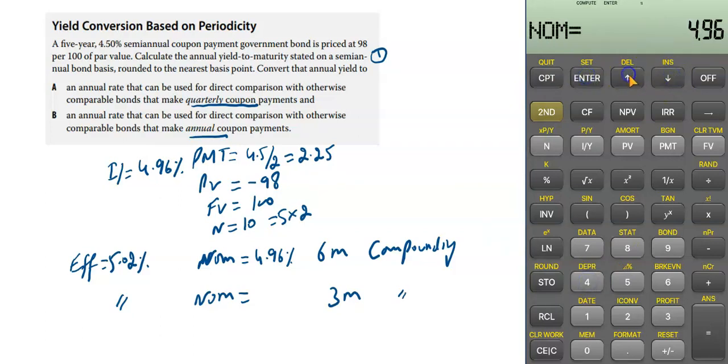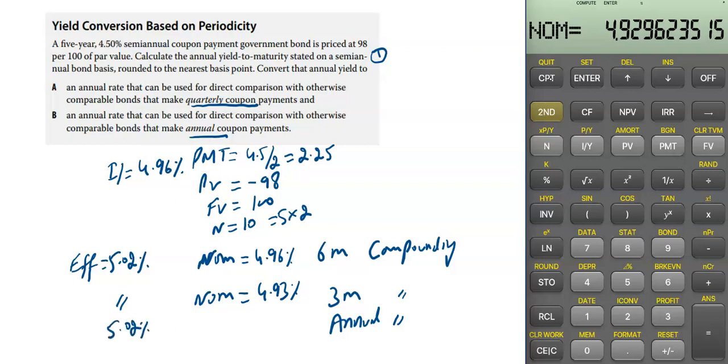Keep the effective rate same. Calculate the nominal rate. That is 4.93 approximately. And if there is an annual compounding, in order to have the same effective annual rate, there is no need to calculate further. Effective annual rate will be same with the nominal rate. That is 5.02.